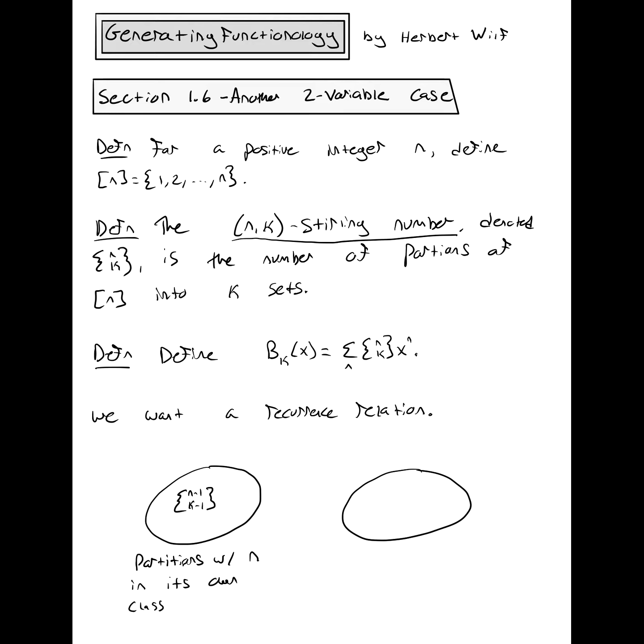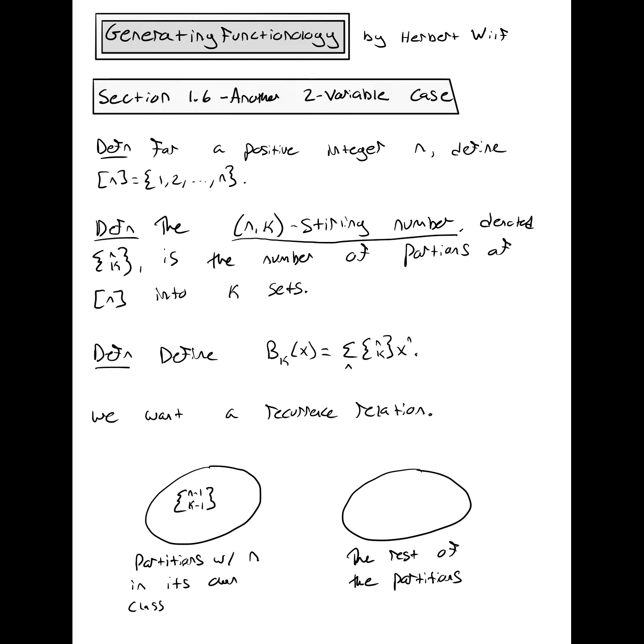And then on the right-hand side, here are the rest of the partitions. Now we need to think about how many different partitions are left. It's helpful to think of it this way: the one on the left had n in its own class, so certainly on the right, that is never the case. It's never the case where n is in its own class. That means that n is in one of the k classes, always.